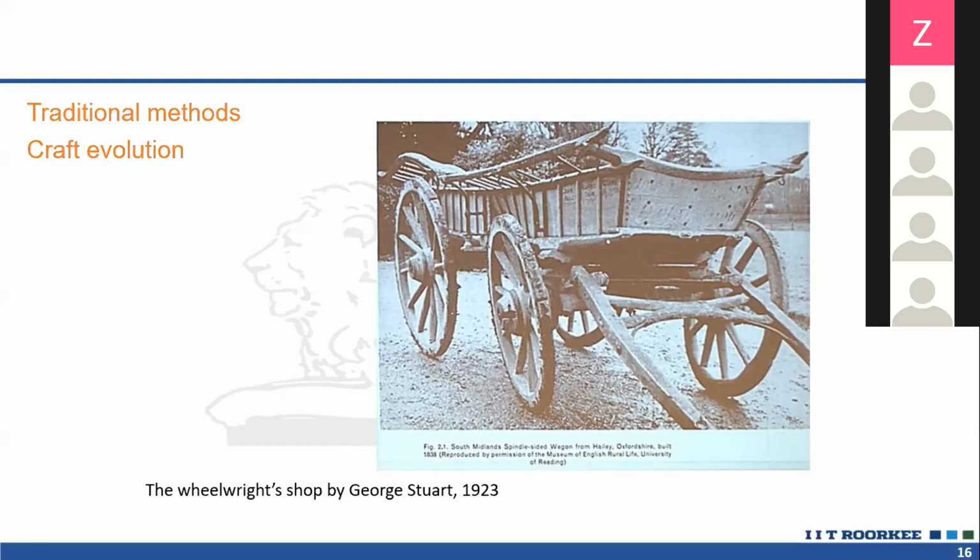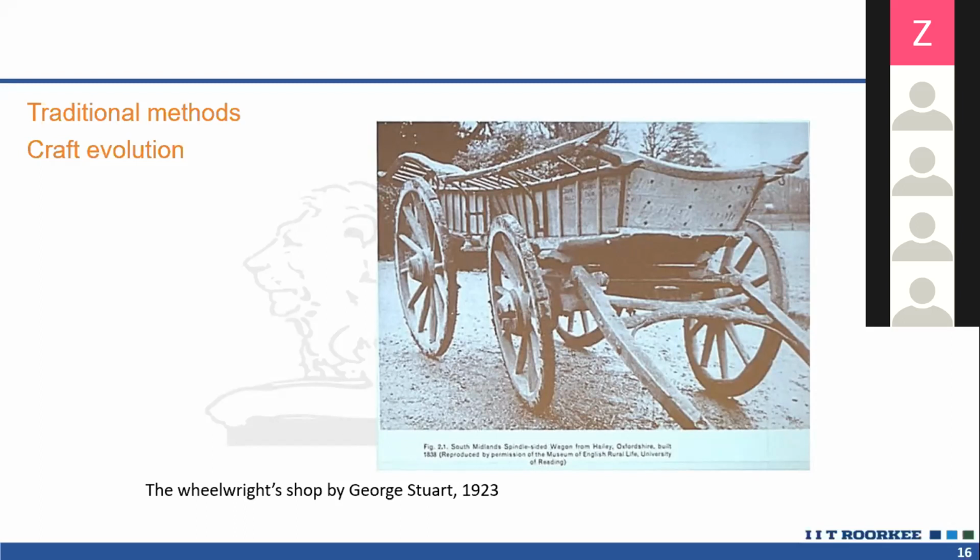Now, this is The Wheelwright's Shop by George Stewart, and it is an account of the wagon making process in the 19th century. So he did a whole study on all the wagons that were there in 1923. There were no motorized cars, or very few at that time, and the majority of the transportation, whether it was to transport goods from one place to the other, was being done with these horse carts.